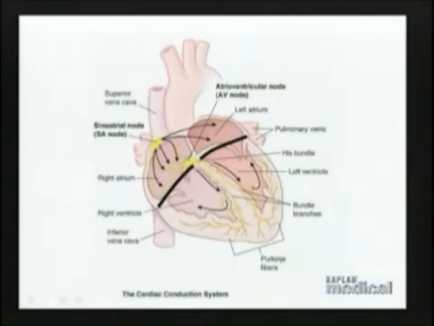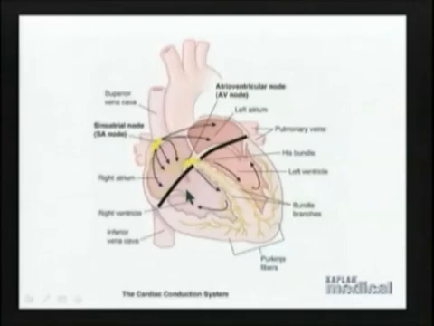And so that means that when the depolarization reaches the AV bundle, it's a little bit later than when it has reached all of the atrial cells, because it was slowed down in getting to the AV bundle by the AV node. And since it gets to the AV bundle a little bit later, therefore it gets to the ventricle a little bit later, therefore the ventricle depolarizes a little bit after the atria depolarize. So they're depolarizing at the same rate as the atria, but not at the same time.